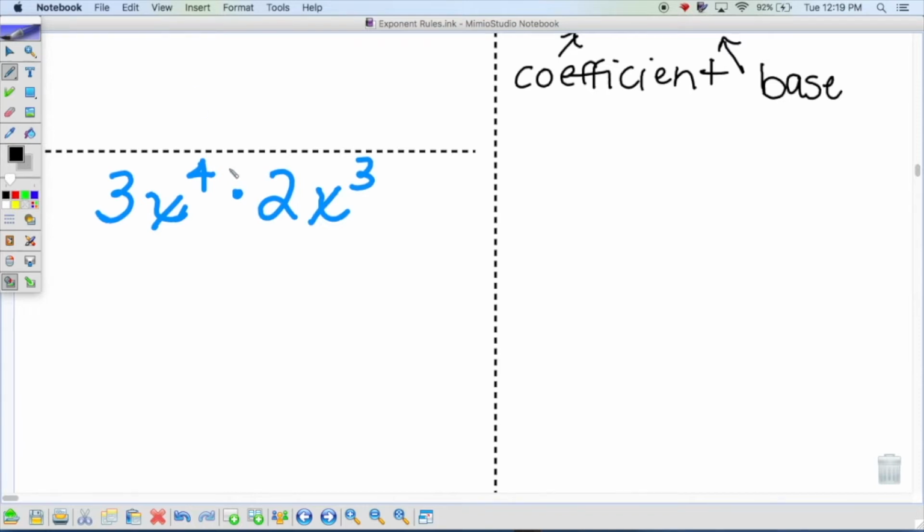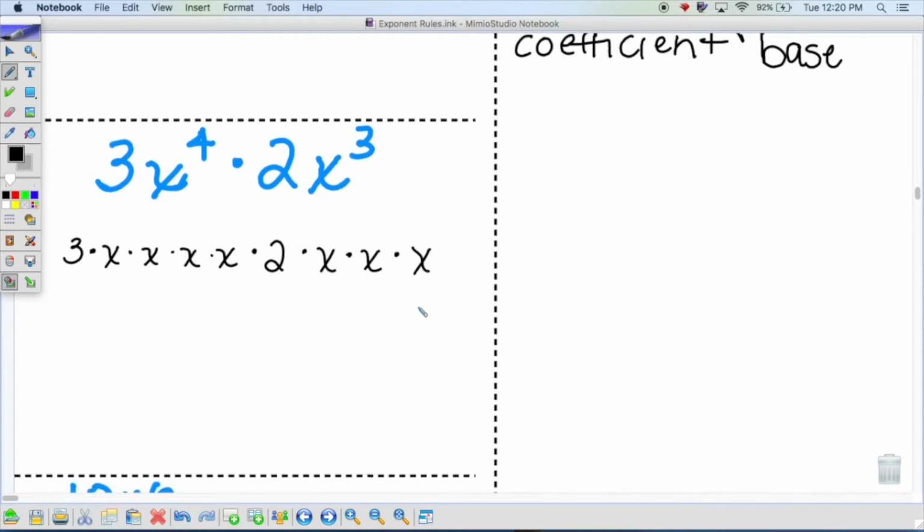So what I'm going to do is I'm going to write out what 3x to the 4th power is. That's the same as 3 and then x multiplied 4 times. Go ahead and write that with me. 3x to the 4th power is the same as 3 times x multiplied by itself 4 times. And then here I am multiplying 2 and x multiplied by itself 3 times.